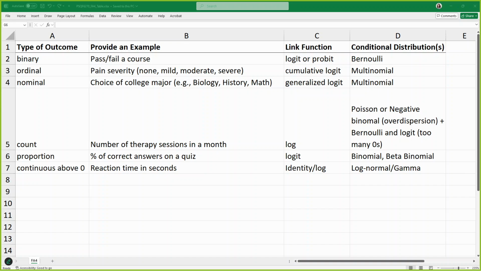Also, sometimes we can have too many zeros, in which case we will need an additional submodel to predict those extra zeros, or we can use a Hurdle model to predict one submodel for whether there are any zeros, and then we can fit our regular model with counts, in which we will be using Poisson or negative binomial.